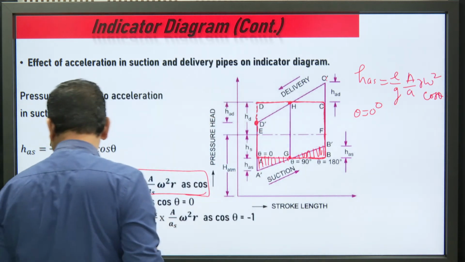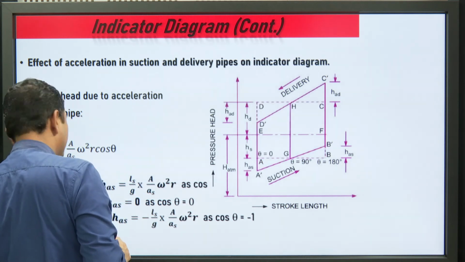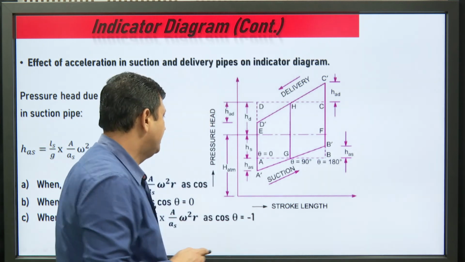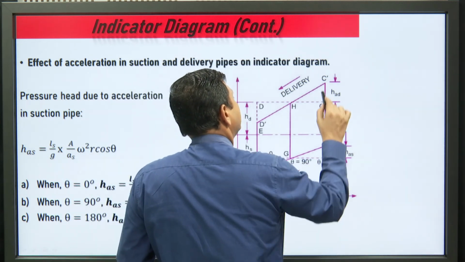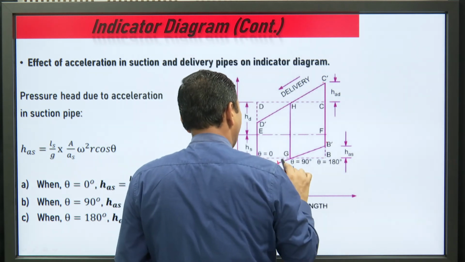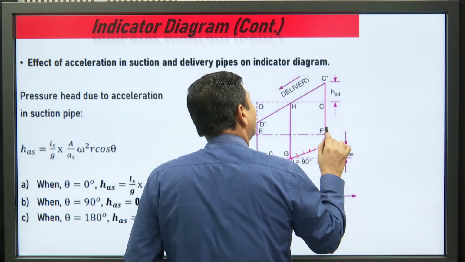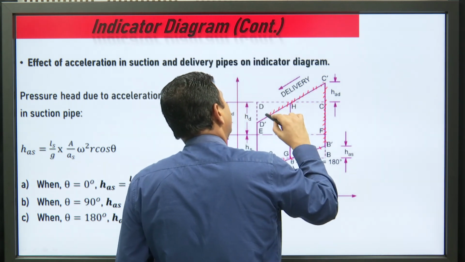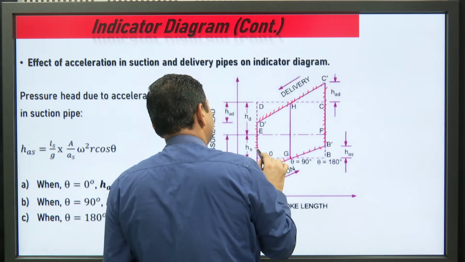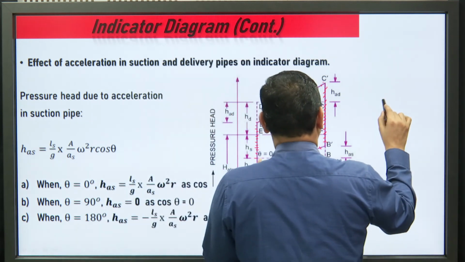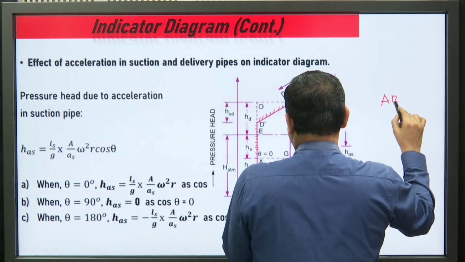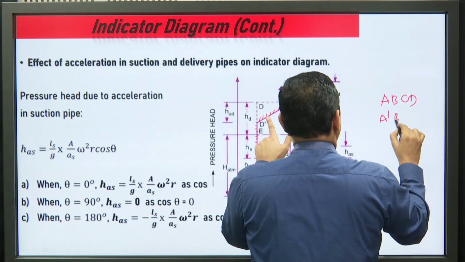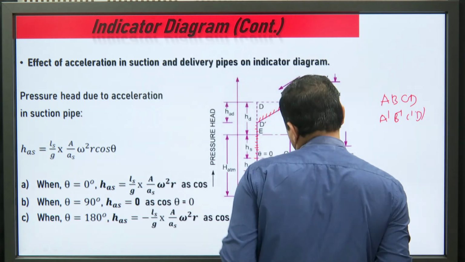So the new indicator diagram becomes A dash, B dash, C dash, D dash, and this is the new indicator diagram. Before that it was A, B, C, D.